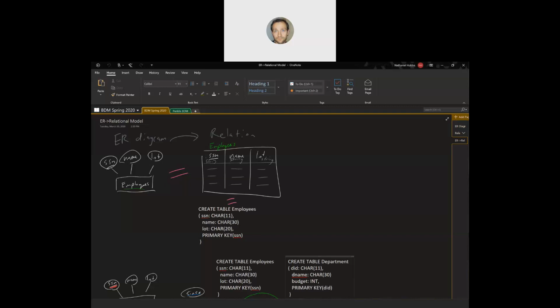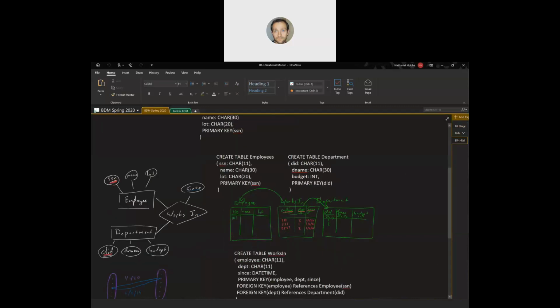And a thin line with an arrow says that you have at most one, and thick lines with arrows say that you have exactly one.